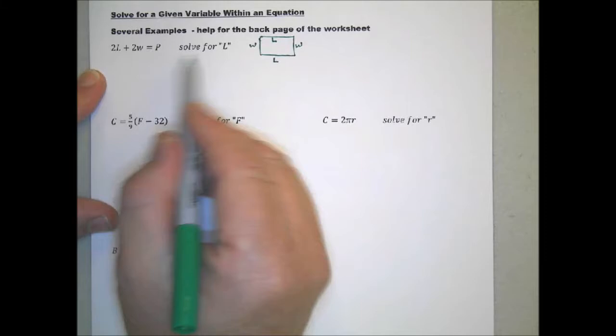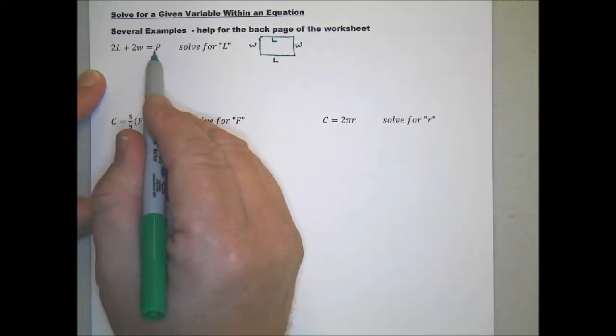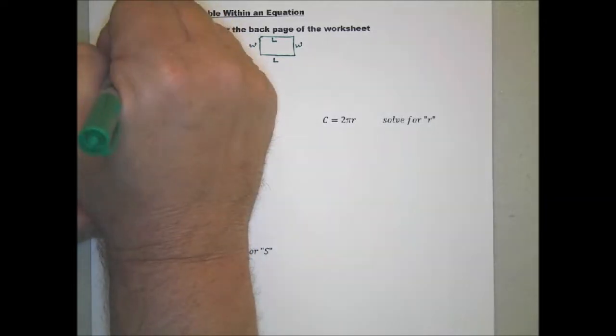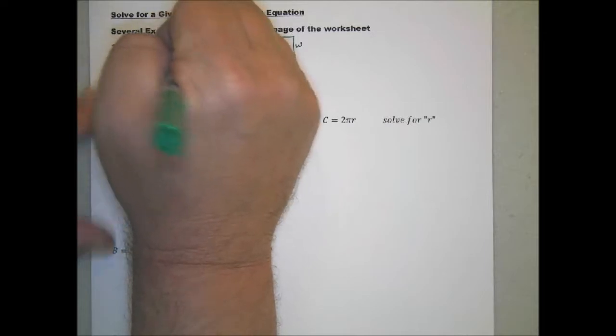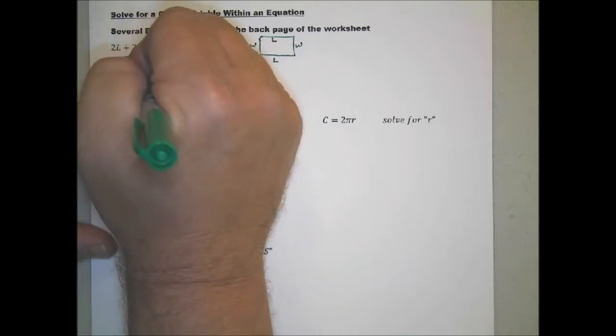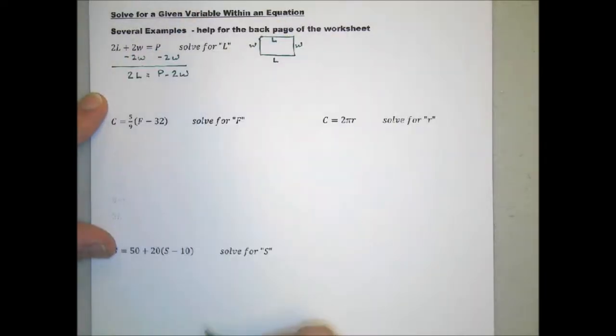Now, what if I want to solve for L in this problem instead of solving for P? The first thing I do is move the 2 W's. So subtract 2W, subtract 2W. And at this point, your equation would be 2L equals P minus 2W.